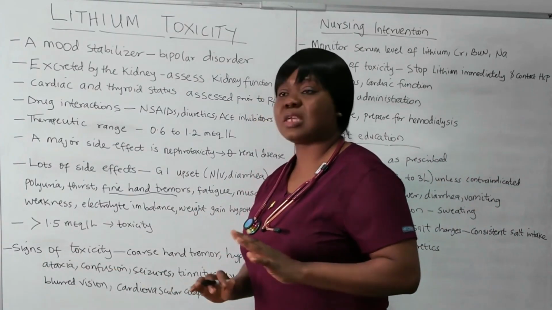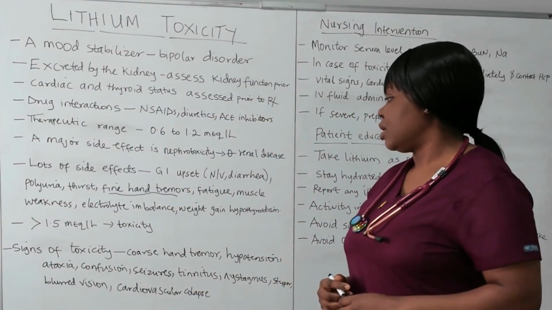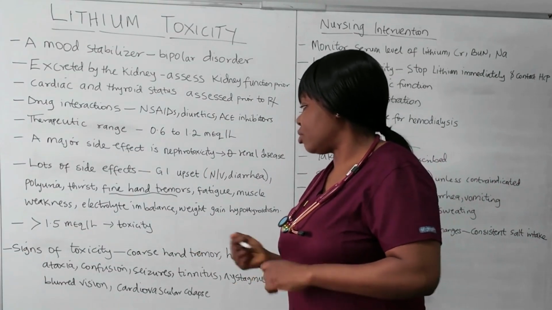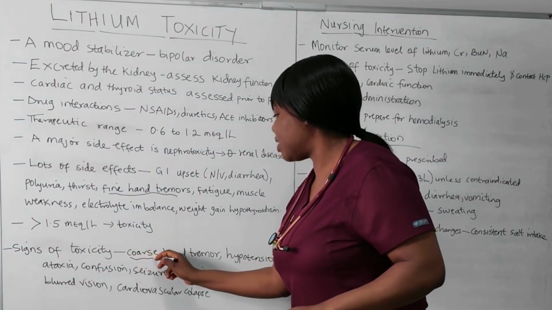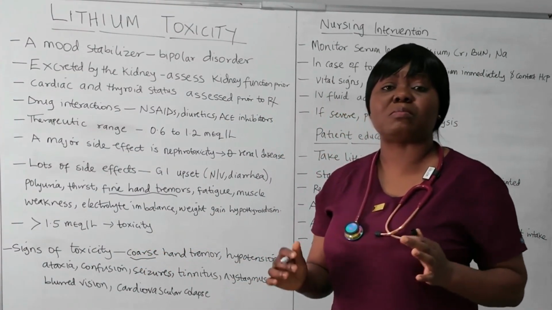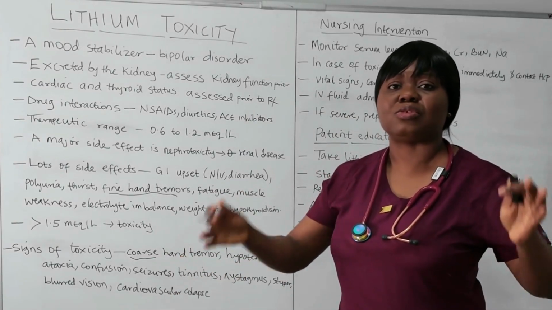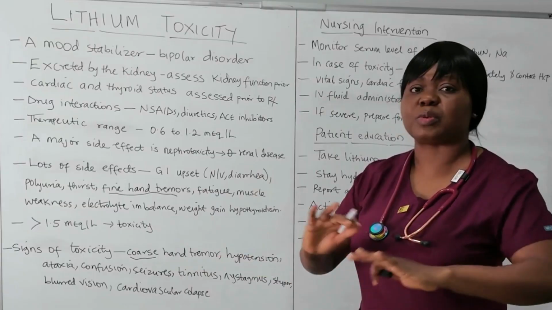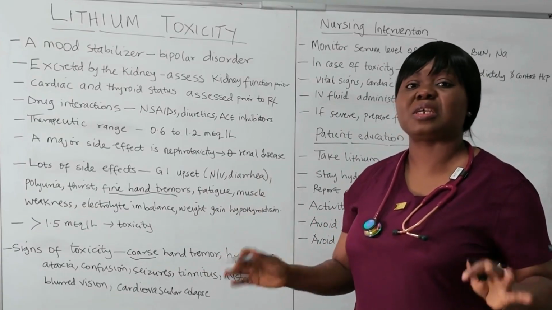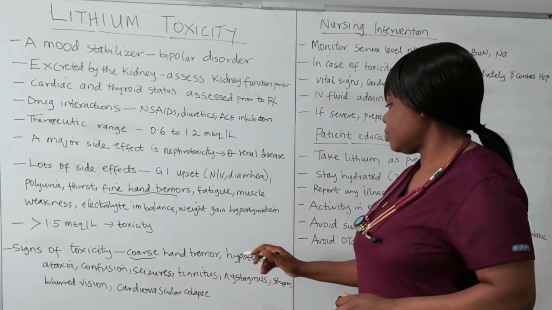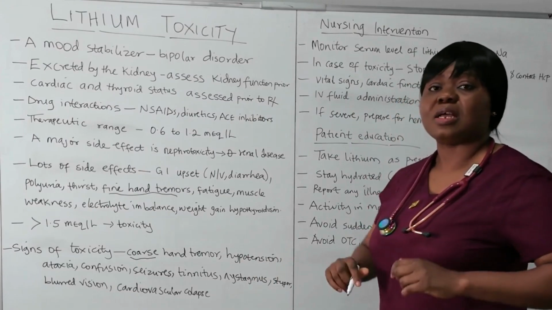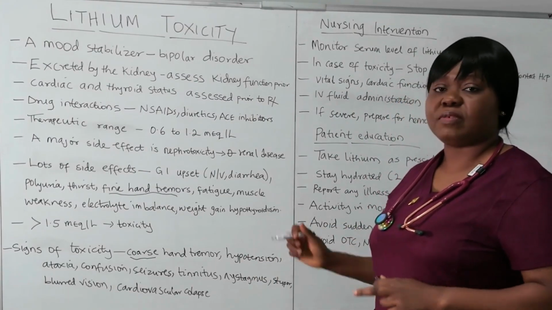Now, what are some of the signs of lithium toxicity? One of them is coarse hand tremor. The other one is fine hand tremor, but this one is coarse. It will be so massive, so serious, that the patient cannot balance the hand at all. You see the tremor everywhere, and the hand will be shaking uncontrollably. Then hypotension is another sign of lithium toxicity.